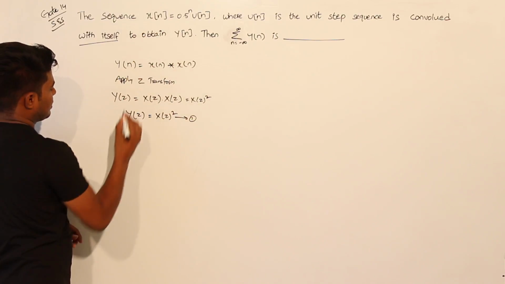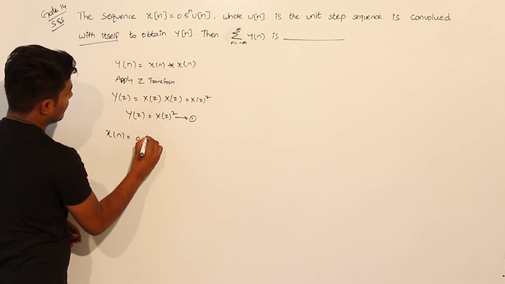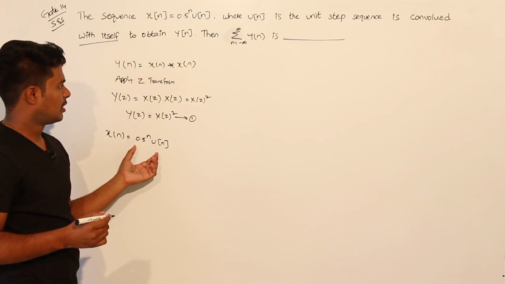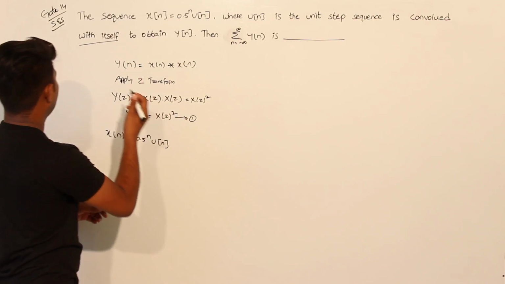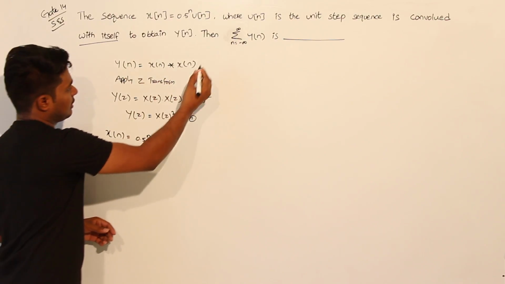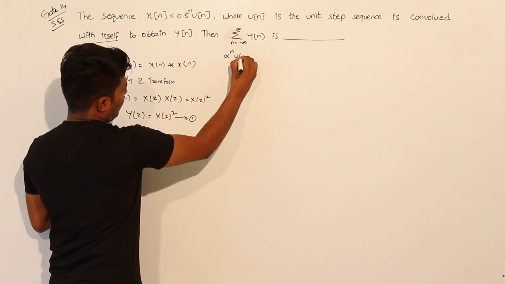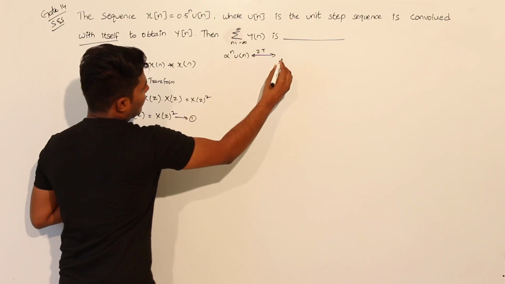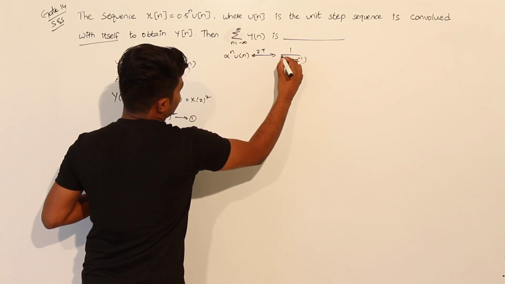Then from the given x of n value, 0.5 power n u of n. While solving these kinds of questions, you should remember two important formulae. I'll write down the formula here. If it is in the form of alpha power n u of n, if you apply z transform, you get 1 by 1 minus alpha z inverse.